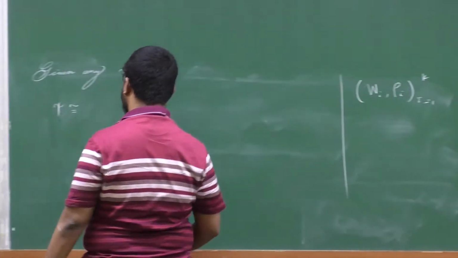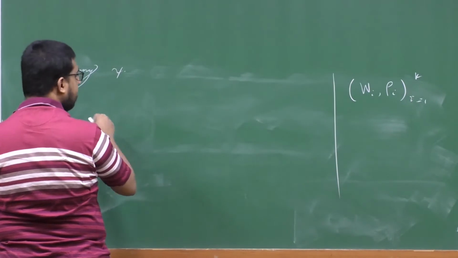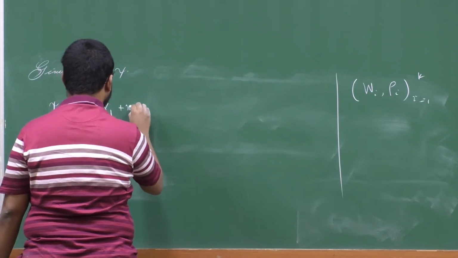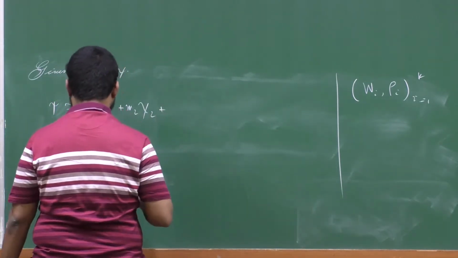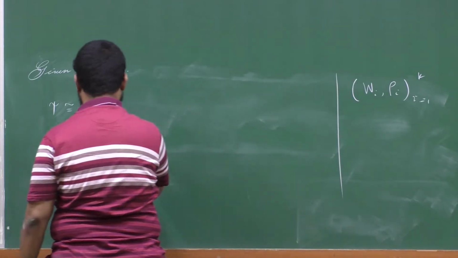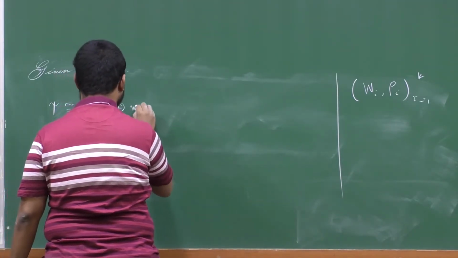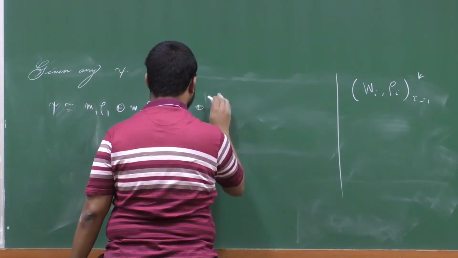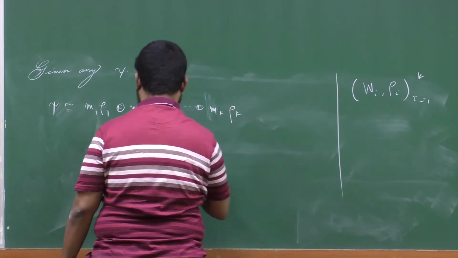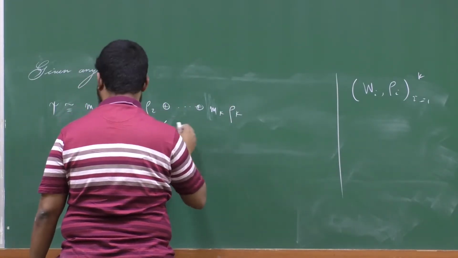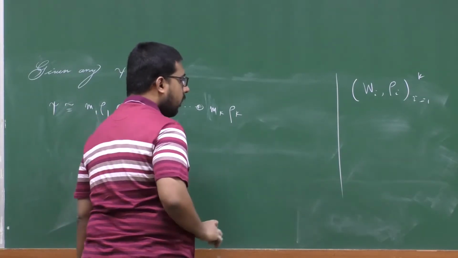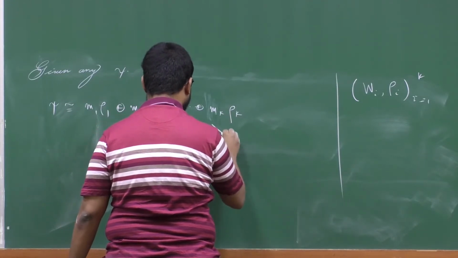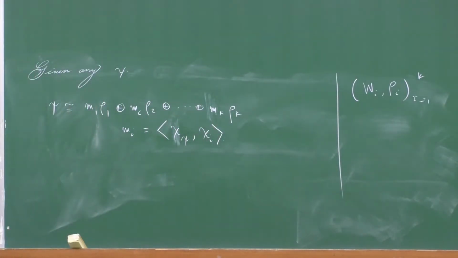Therefore, what we have seen is that any representation psi is isomorphic to the following: m1 rho 1 direct sum m2 rho 2 direct sum up to mk rho k, where each mi is nothing but the inner product of the characters.